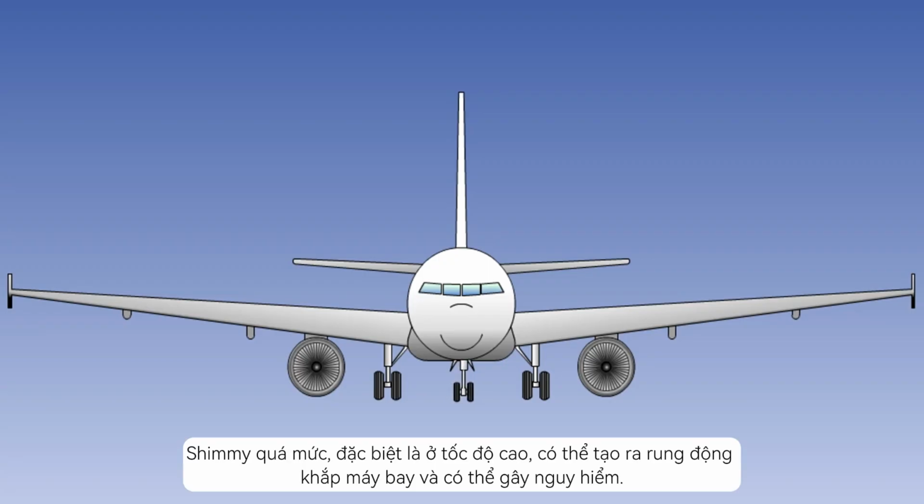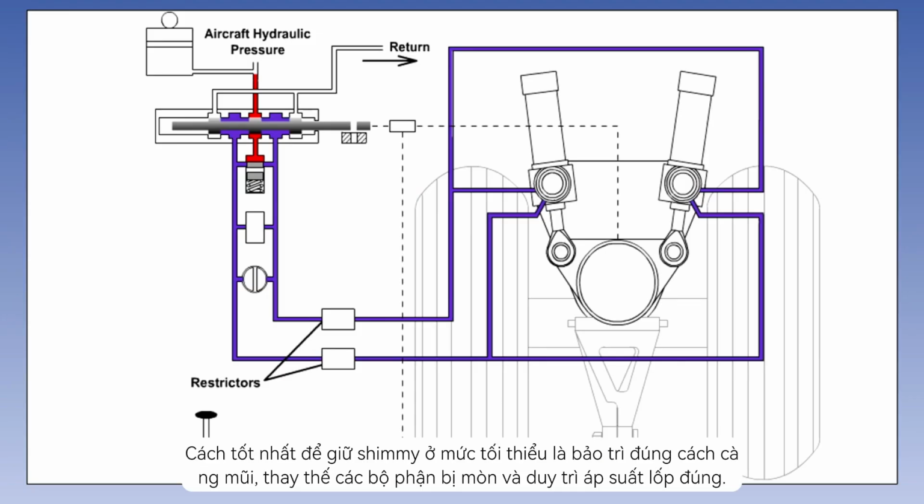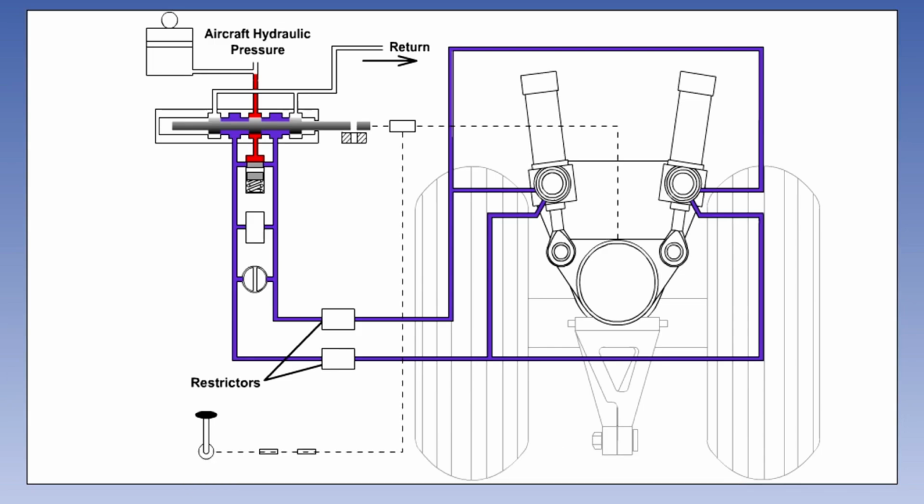Excessive shimmy, especially at high speeds, can set up vibrations throughout the aircraft and can be dangerous. The best ways to keep shimmy to a minimum are to maintain the nose gear correctly, replacing worn-out parts, and by maintaining correct tire pressures.